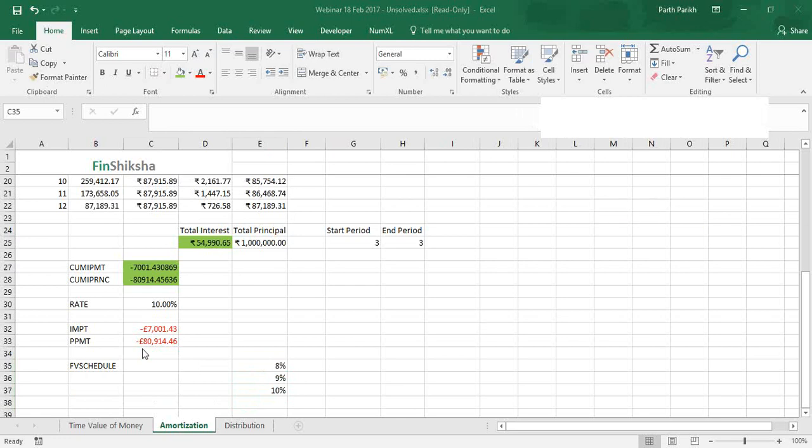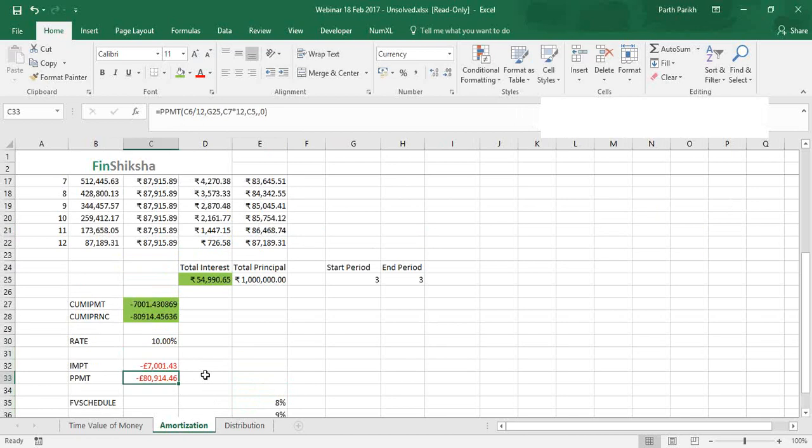So there is no present value as such. This is a principal payment. I have a question: wouldn't the present value change for each period? PPMT is not a present value. This is the principal paid in that particular period. If you convert it into a present value, you may get a lesser value than this.